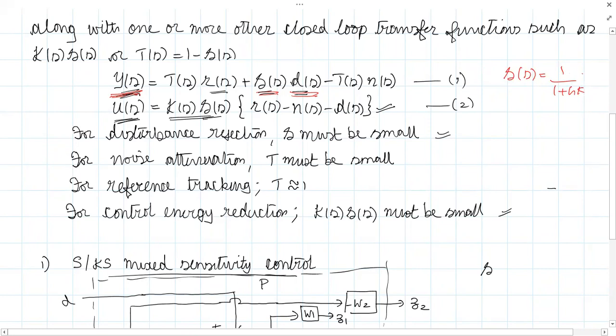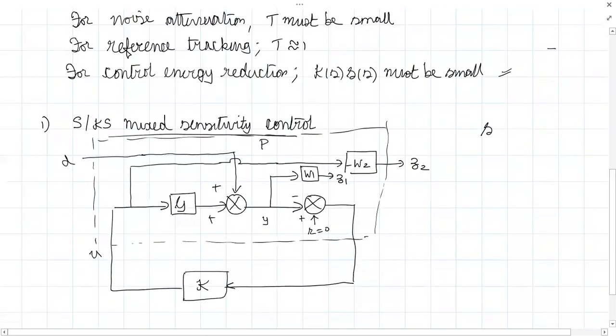That is the transfer function between the output signal and the disturbance. That is why you are getting S of S as the transfer function between the output and the disturbance signal. So here, tracking is not an issue. The sensitivity S is the transfer function between the output Y and the disturbance D here.